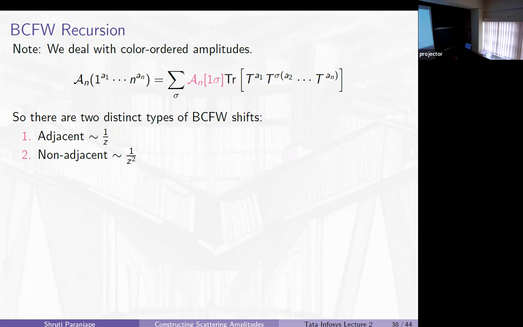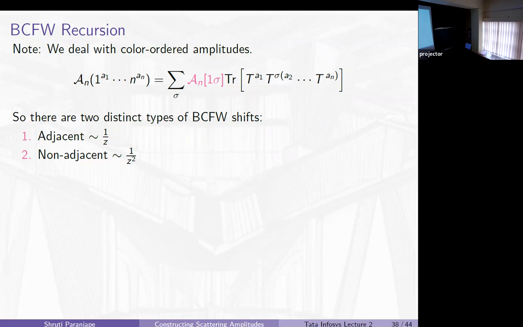If you choose 1 and 2, S is unshifted, T is shifted, and U is shifted. It depends on which legs you choose to shift, but you can make S and T go to infinity. It's basically forward scaling, because at very high Z one guy is going to infinity.